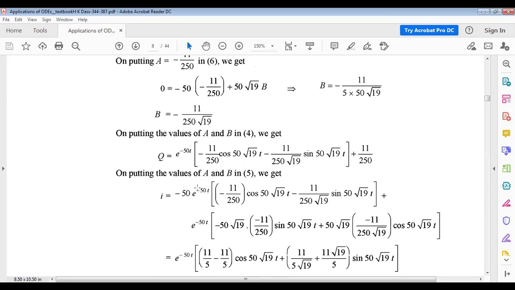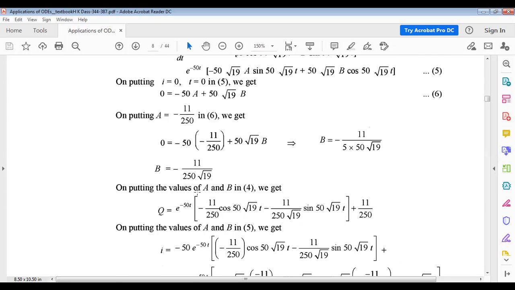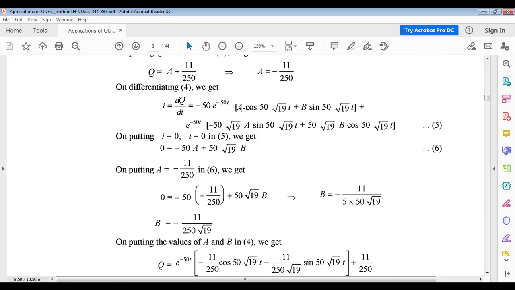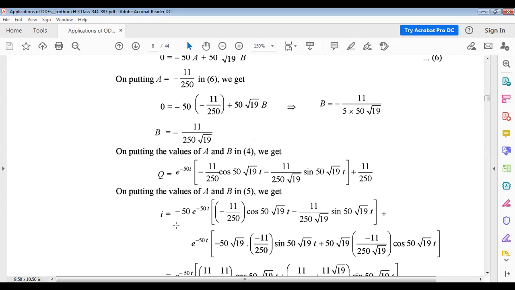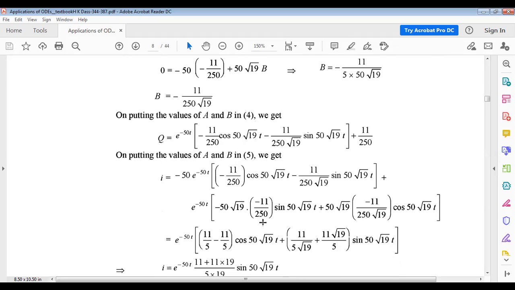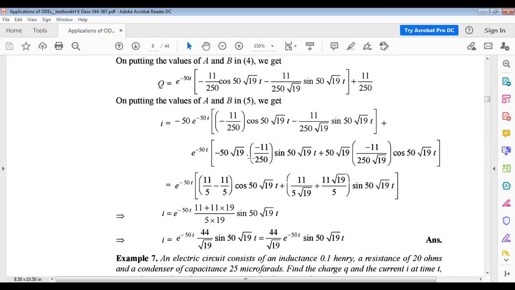So on putting the values of a and b in equation 5, we get I. In 5, putting the values of a and b, we get a big equation. So just taking common e to the power minus 50t, and cos common, sine common from here, we get this one.